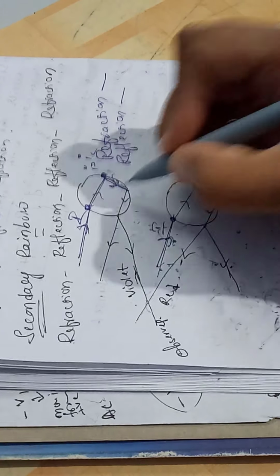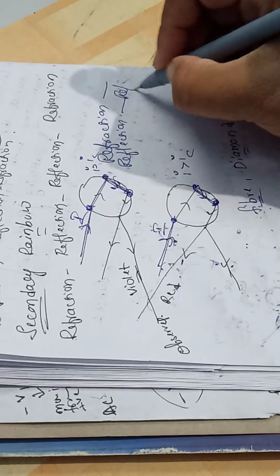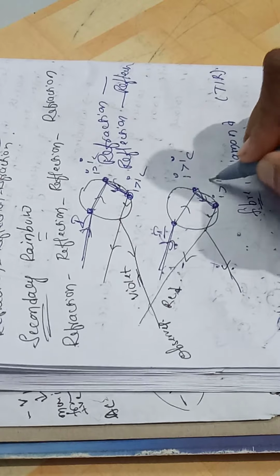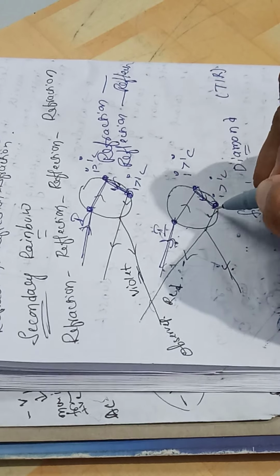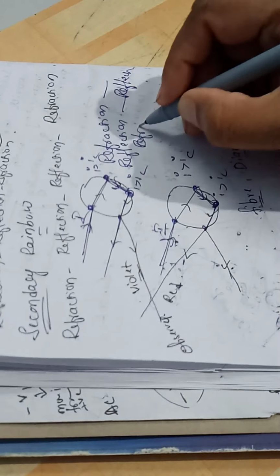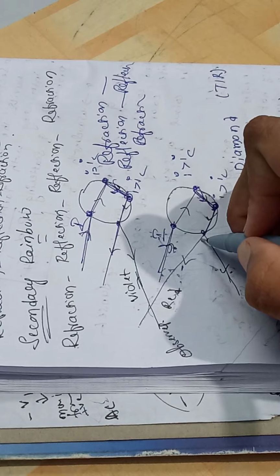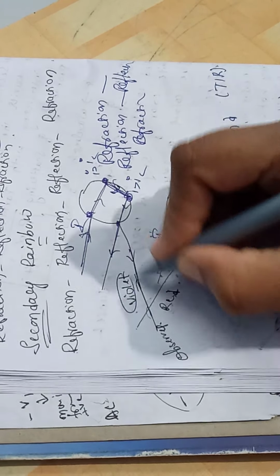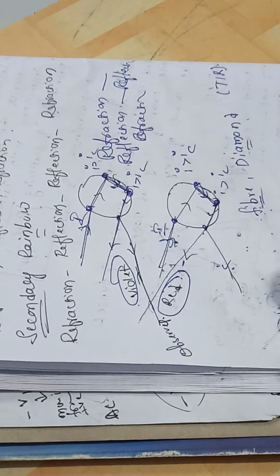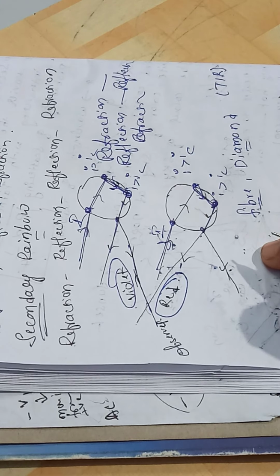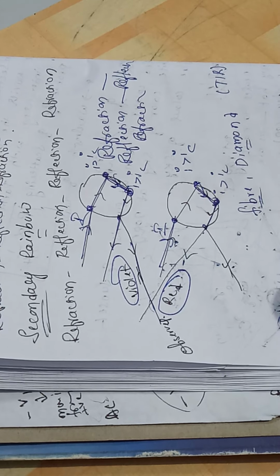And again here, it undergoes total internal reflection. Here also I will be greater than IC. Again it undergoes total internal reflection. And again at the first surface while coming out, the refraction takes place and they come out. And when we see this rainbow, violet color will appear on top, red will be at bottom. And this will not be as intensified as the primary rainbow.